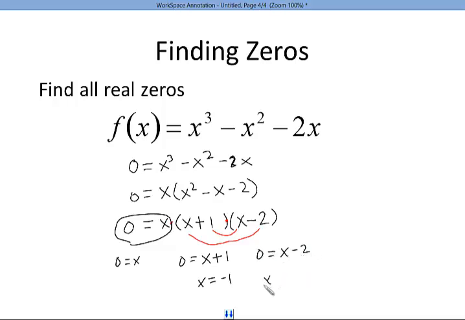Add the 2 to the other side. So x is equal to 2. So I want to write it as zeros are at 0, negative 1, and 2.